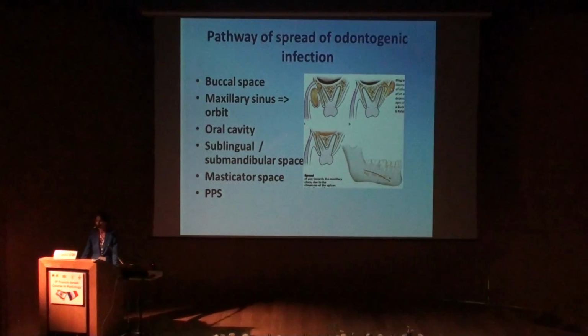It can go inside into the oral cavity, and it can also go posteriorly to the parapharyngeal and masticator space. In the mandibular region, we have the mylohyoid line that determines where the infection will go.